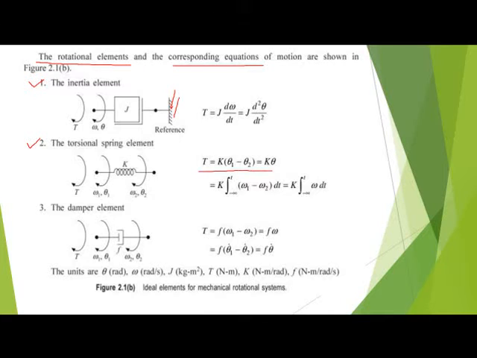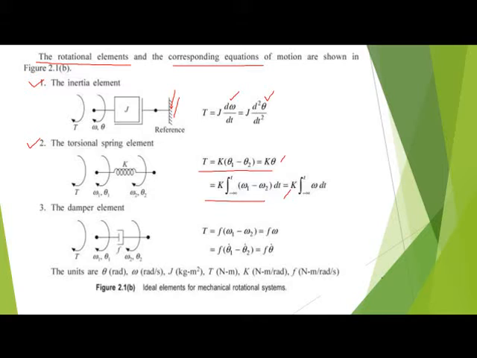But in terms of angular velocity, T equals K times the integration of (omega 1 minus omega 2) dt, or simply K times the integration of omega dt. Both are equal, because here we show angular displacement and this is angular velocity. Then the third one is the damper element.